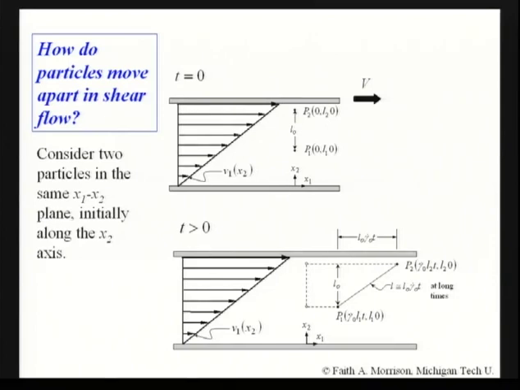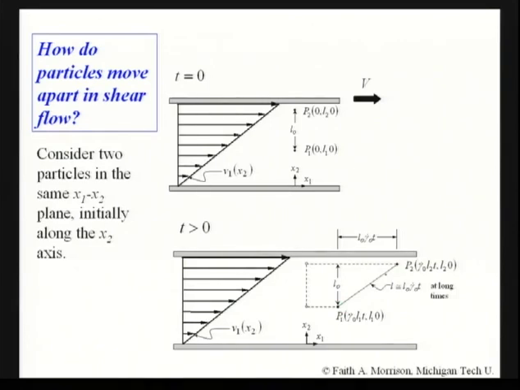But if you look at two particles in a shear flow that are separated by a certain length initially, sometime later, those particles will sweep downstream, but they will get far apart by this hypotenuse amount. They started off just L0 apart. They were in two different planes. And when they swept downstream, they are now this distance L apart.